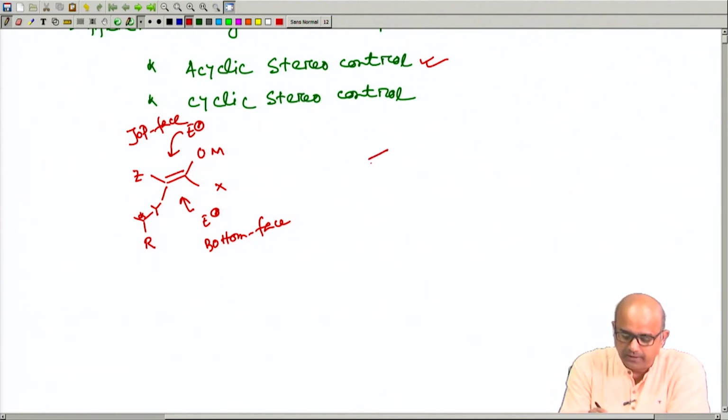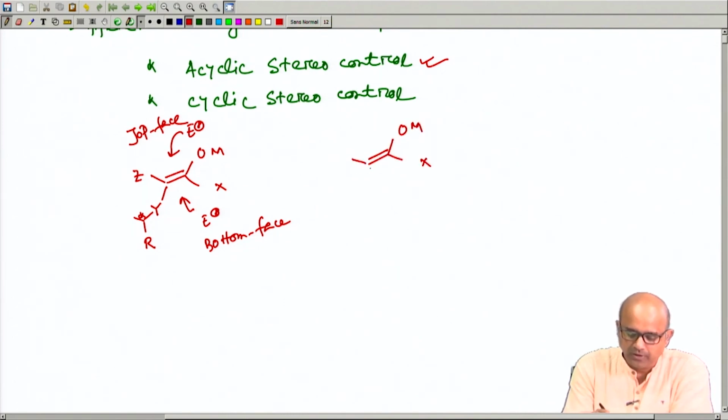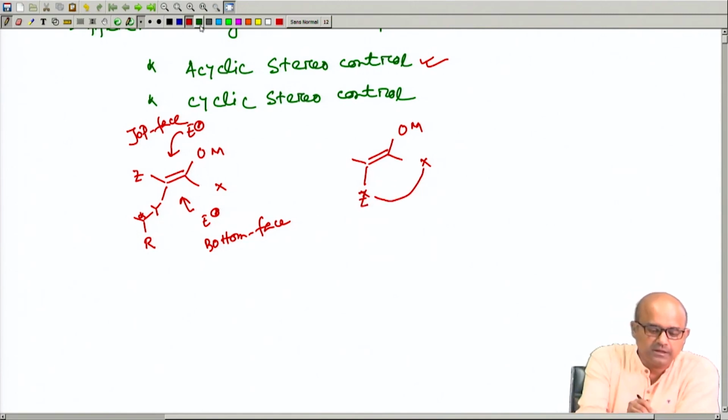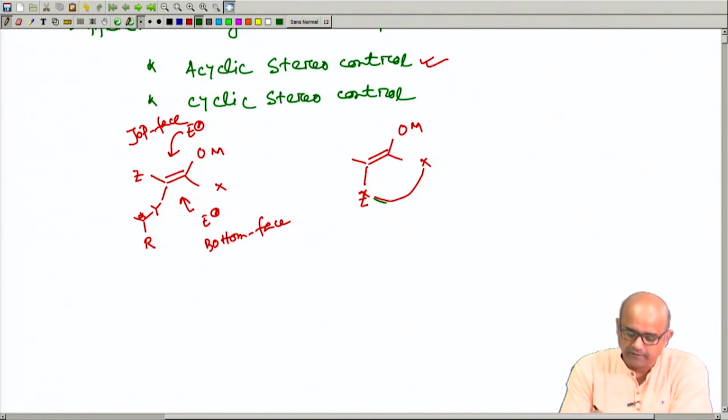Let us say you have a similar kind of enolate, OM, with X, and with Z, or X and Y, or X and Z, you have a cyclic formation. It is a cycle, or an annular ring structure.